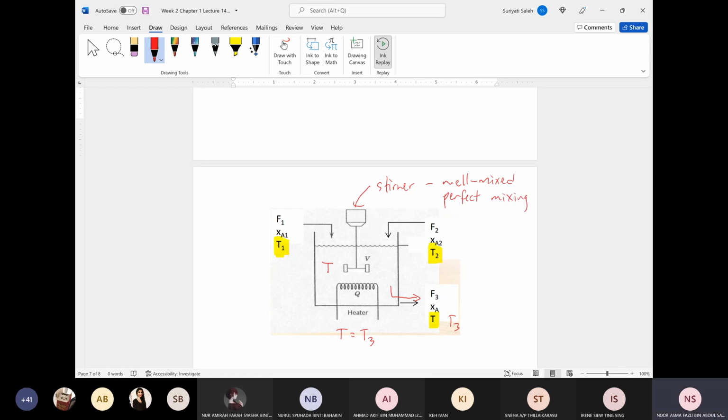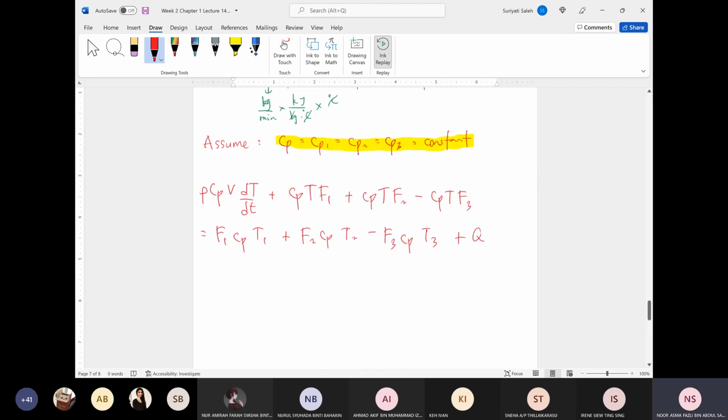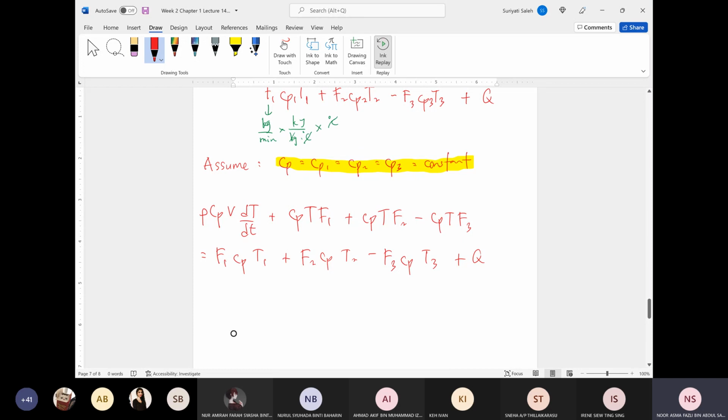When you have perfect mixing, not only do you have uniform composition, but the temperature inside is perfectly balanced. And in the end, the temperature inside will exit the system through stream number 3. So that's why we can assume T equal to T3. So the T3 over here is equivalent to the T. So T equal to T3.